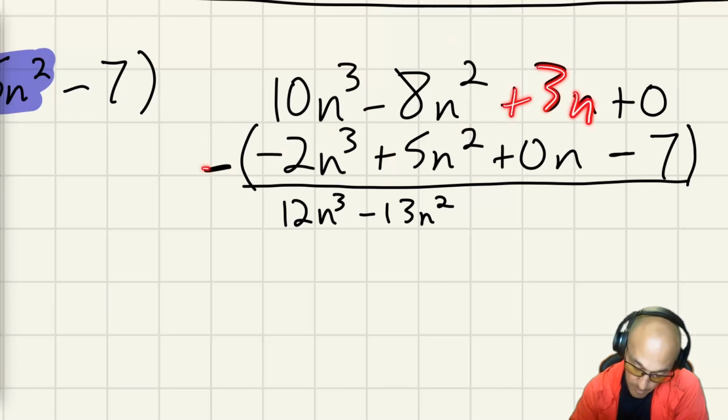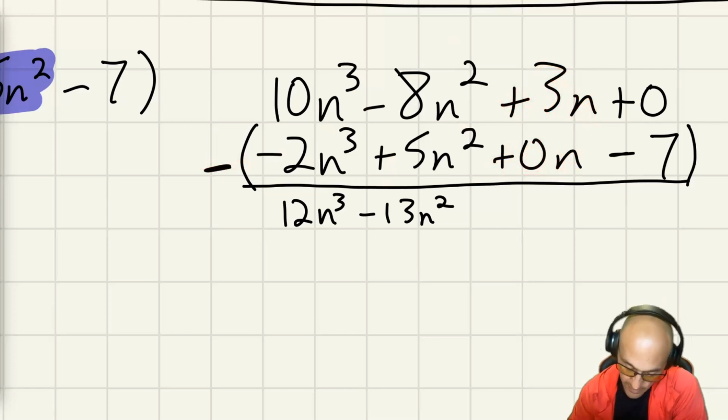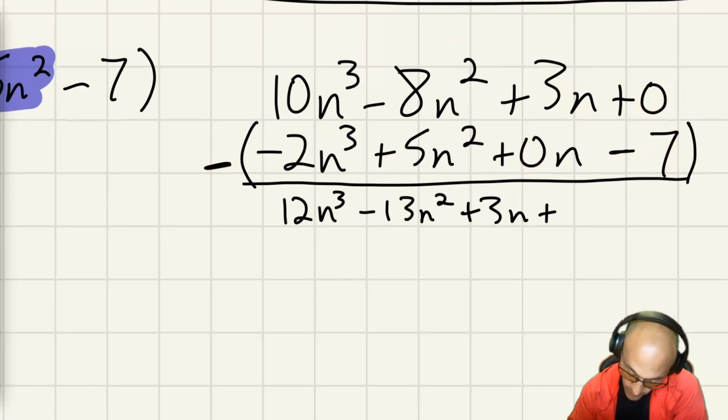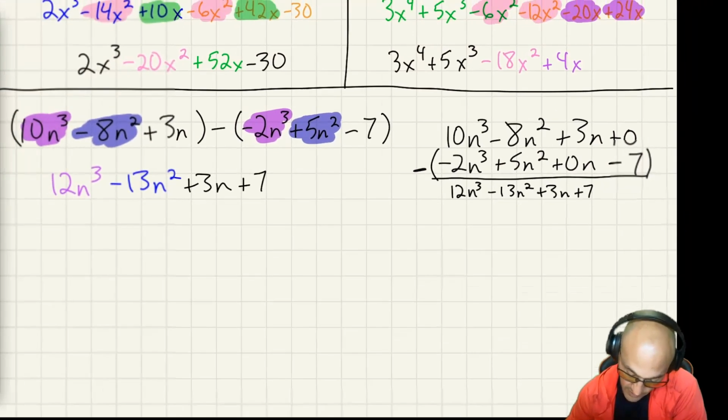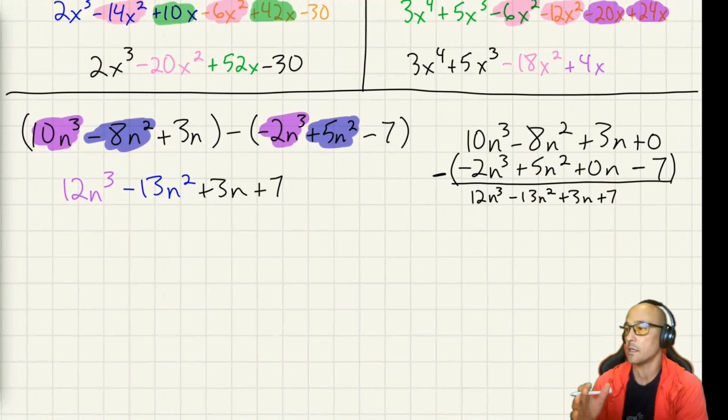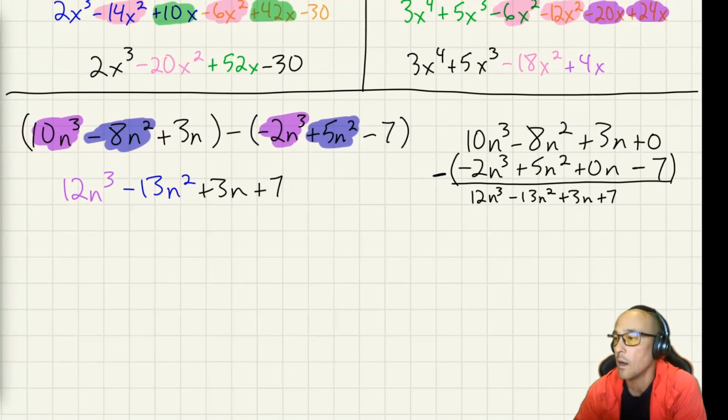Positive 3n minus positive 0, and it's not positive or negative, but anyway, it's going to be positive 3n. And then 0 minus a -7 is 0 plus 7. And so you can see that we got the same answer. It's just done slightly differently. Which one of those do you think you like better?